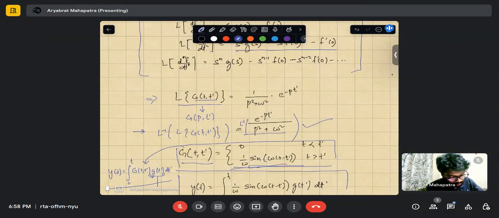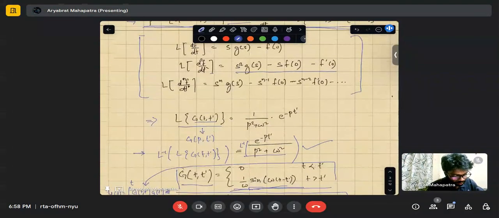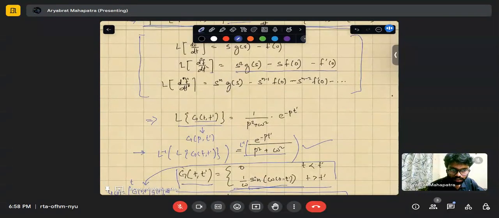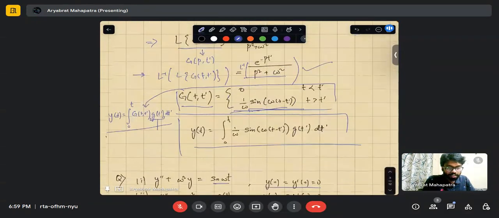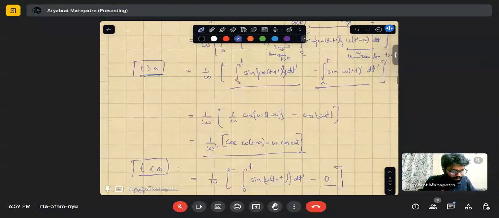In this case also you will follow the same process step by step in the exact manner. But at this point, when you take the Laplace inverse, you will find that instead of sine omega (t minus t prime), you will get sine hyperbolic a (t minus t prime). That is the change you will see. Otherwise, everything will remain the same.